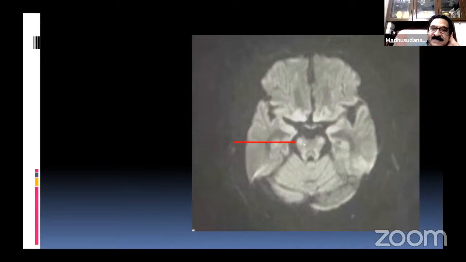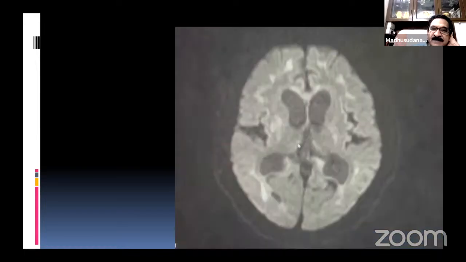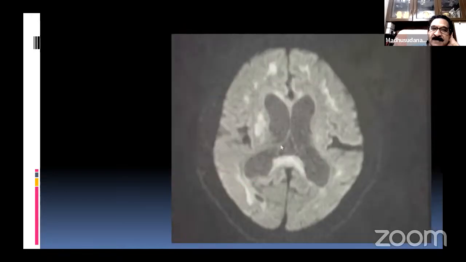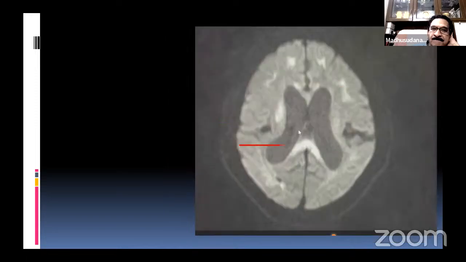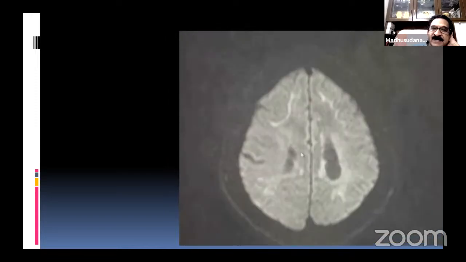Then similarly hyperintensity in the crus cerebri and the superior cerebellar peduncle, and in the cortical and subcortical white matter, like a ribbon-like hyperintensity. So that is an infarct. Splenial hyperintensity. This is again, see the way the restriction is occurring.